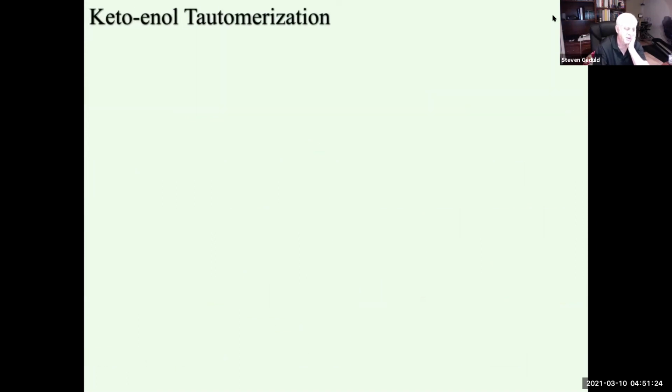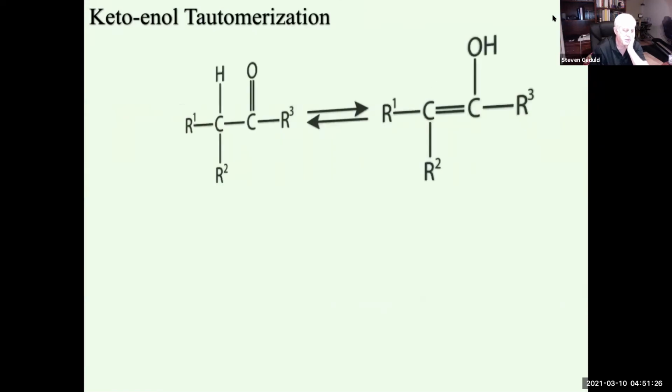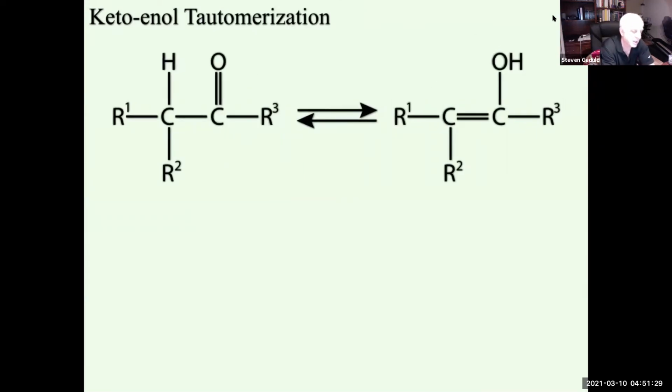Okay, keto-enol tautomerization. Remember, tautomerization was the keto form, which is your carbonyl group. The hydrogen on the alpha carbon transfers to the oxygen of the carbonyl group, and this double bond slams down into the carbon-carbon, forming a carbon-carbon double bond.